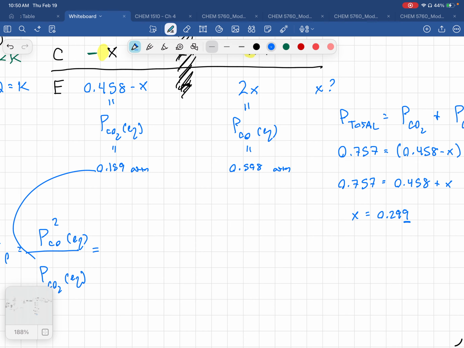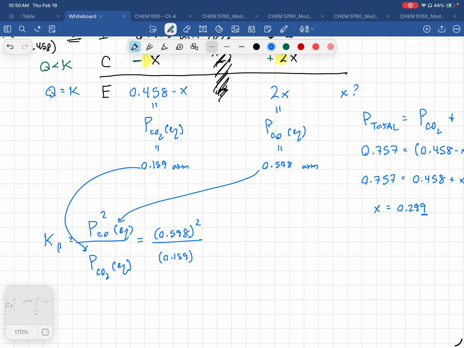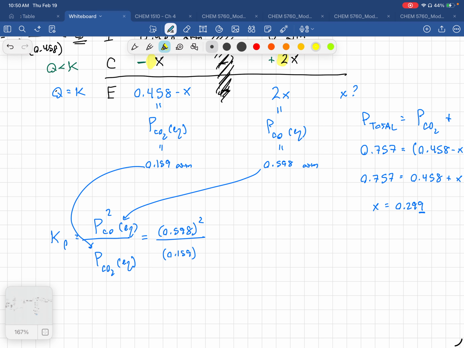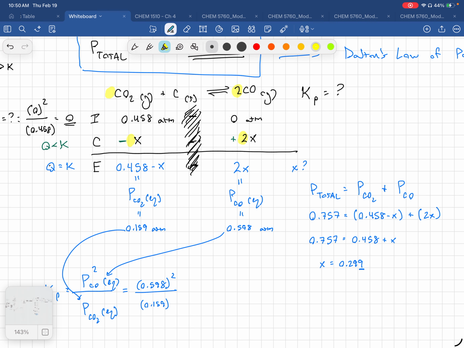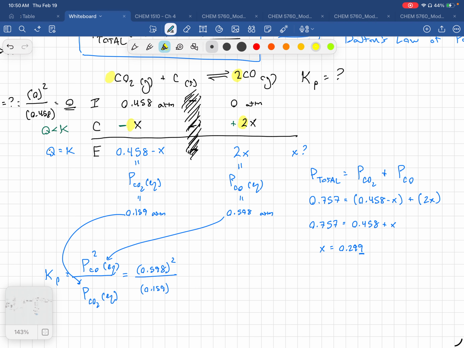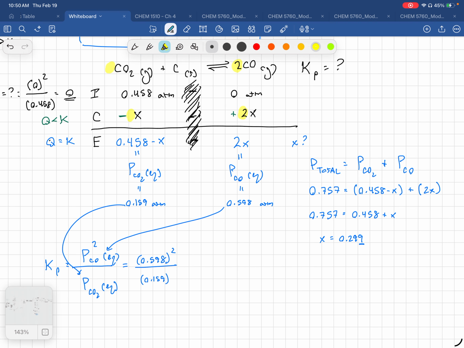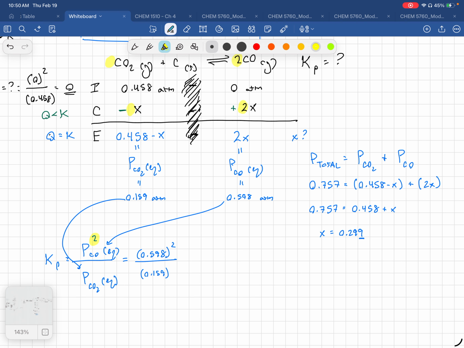So now we're going to plug these values in. Okay, so we're going to have 0.598 to the second power, divided by 0.159 to the first power. Again, note your coefficients of your chemical reaction show up both in the change row as the coefficients of the change and in your equilibrium expression. So don't forget that.